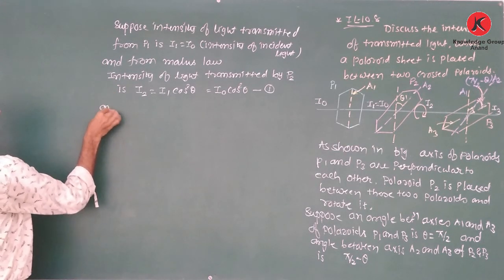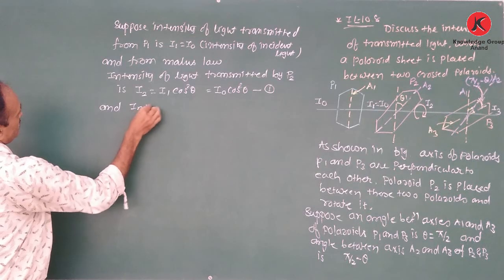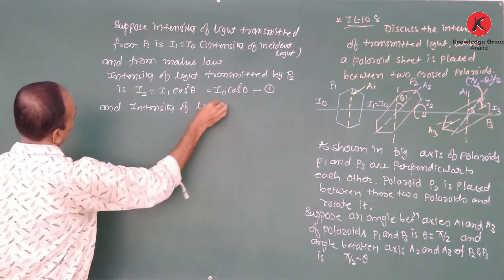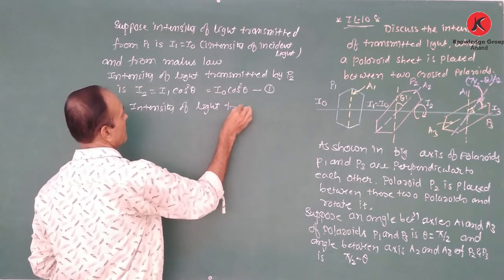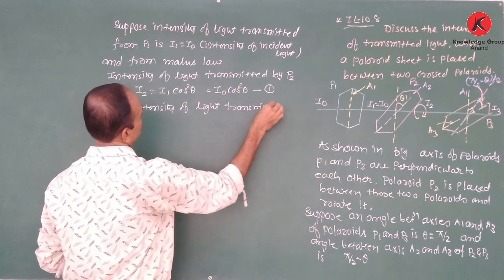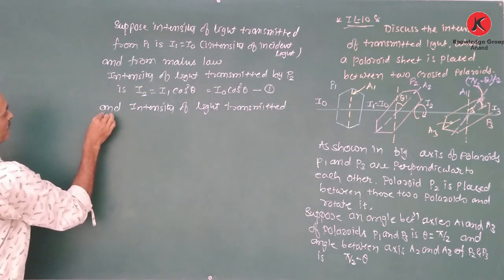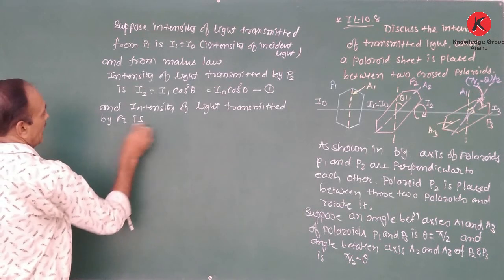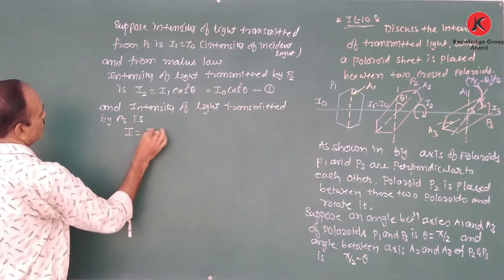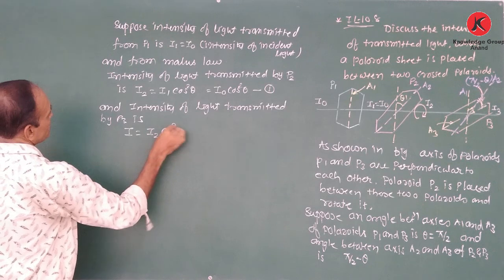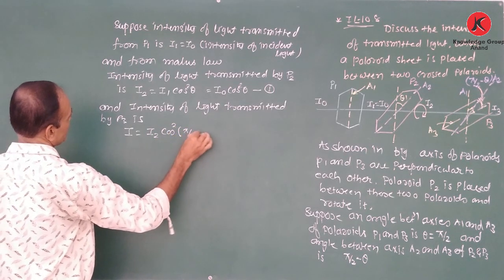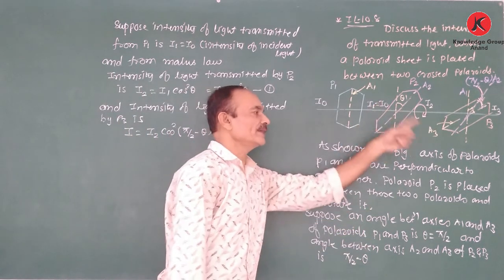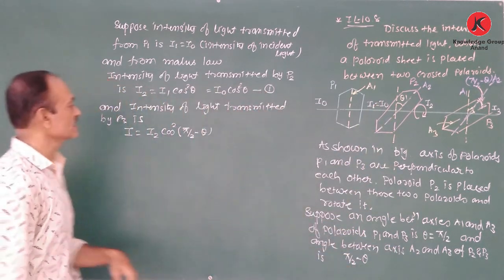And the intensity of light transmitted by P3, I3 or the final I, is equal to I2 cos square of pi by 2 minus theta, because the angle between the axes of P2 and P3 is pi by 2 minus theta.